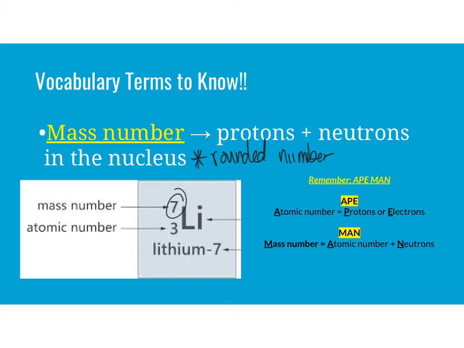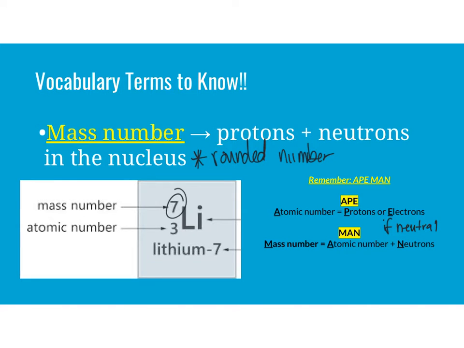A good way of keeping mass number and atomic number separated is something called ape-man. This is what I was taught when I was in chemistry. So ape and man each stand for something. The ape stands for atomic number, which is equal to the protons, or electrons if it's neutral. We'll talk about what that means in a little while. So atomic number always tells us protons, right?